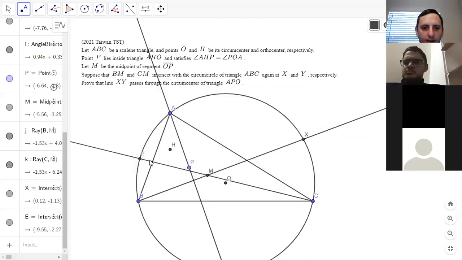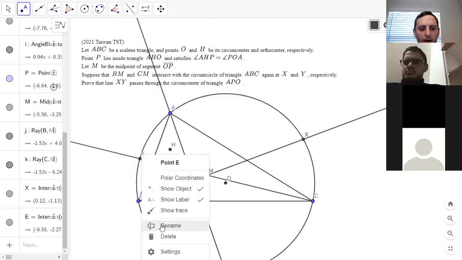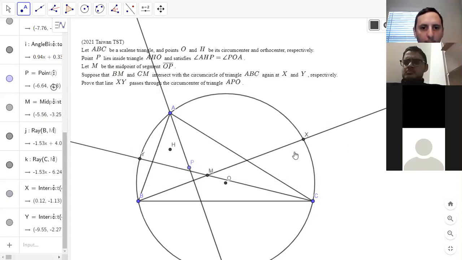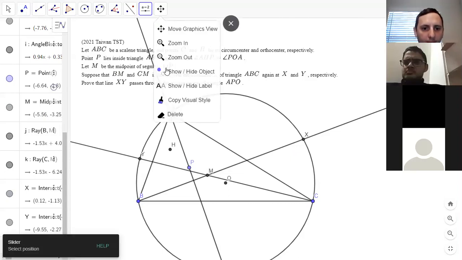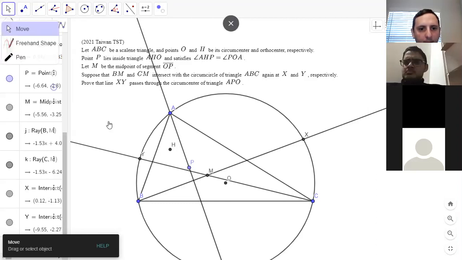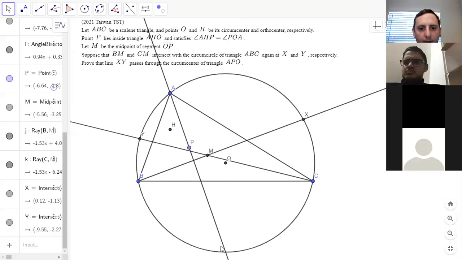So that's X. This is Y. And we want to show XY passes through the circumcenter of APO. All right, let me hide a couple things. AP is the angle bisector, so it passes through the midpoint of this arc. So you could just call this D.